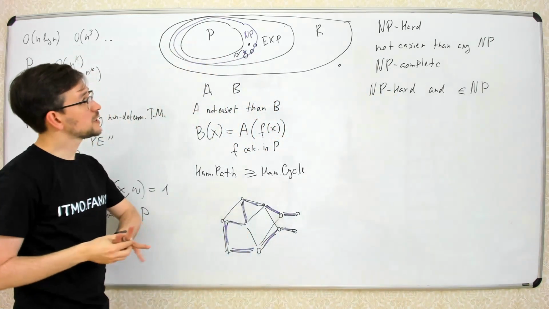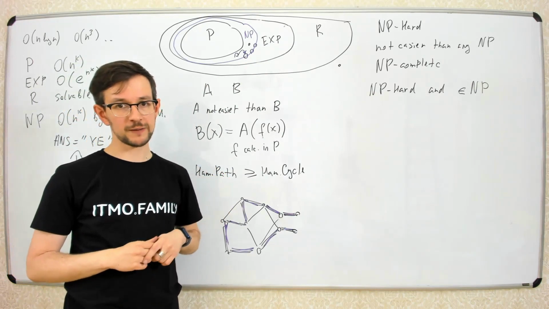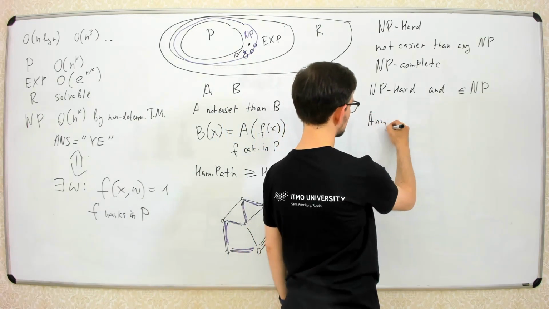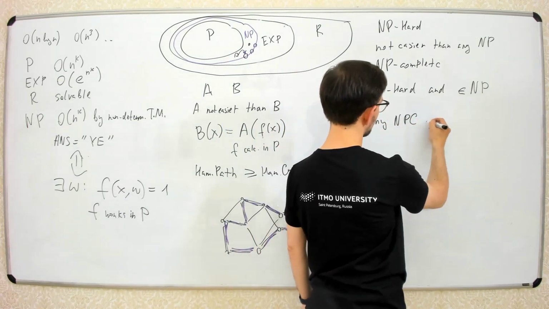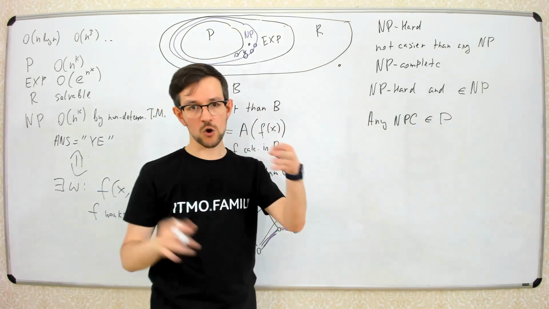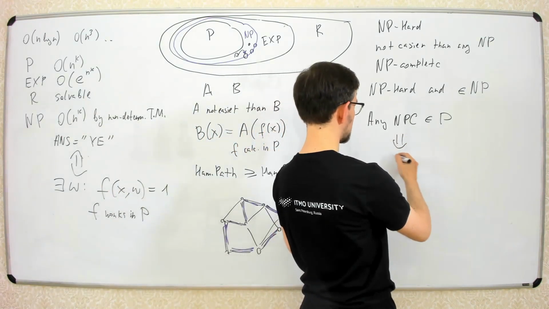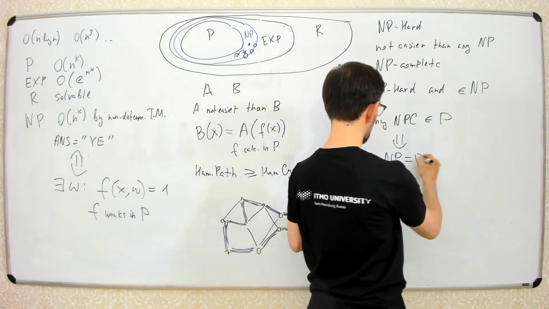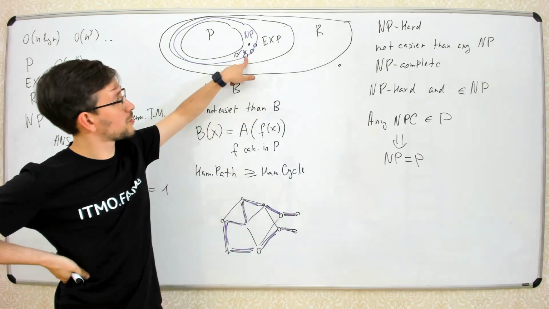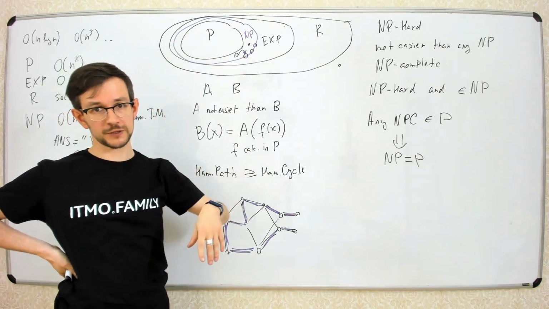It means if any NP-complete problem belongs to class P, so if you solve any of the NP-complete problems in polynomial time, it immediately follows that NP actually equals P. Well, because if you can solve any of these problems in polynomial time, it means that all problems in class NP can be solved in polynomial time.